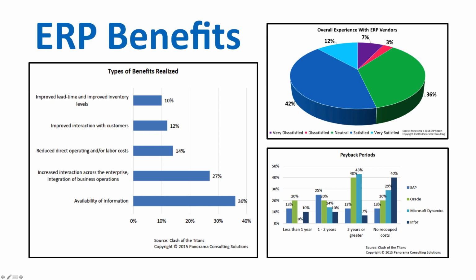And when you look at Microsoft Dynamics, it's taking 43% of those customers 3 years or greater to get return on investment, and 29% don't get any return at all. So you can see that perhaps SAP and Oracle have some advantages there, but certainly SAP, this is one of the reasons they're the market leader in terms of payback. You get a good bang for your buck.